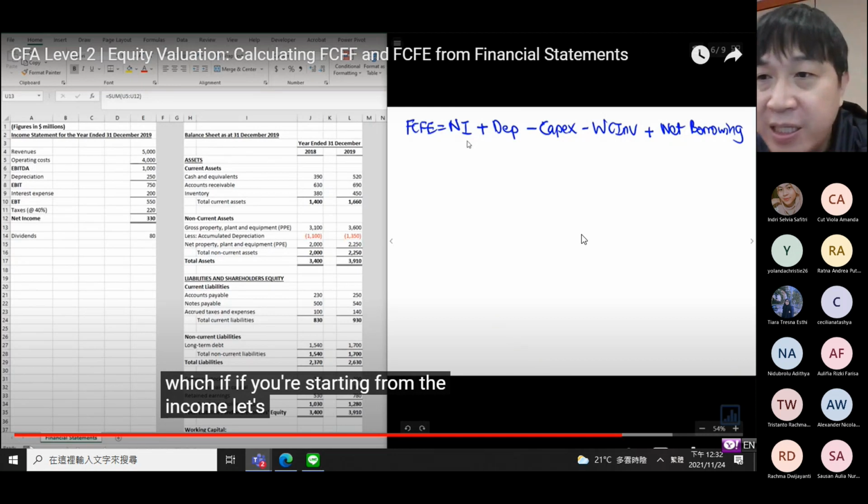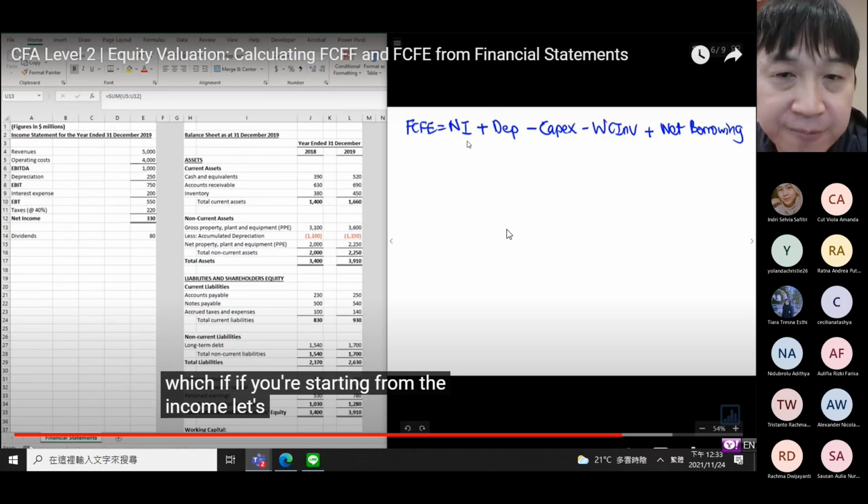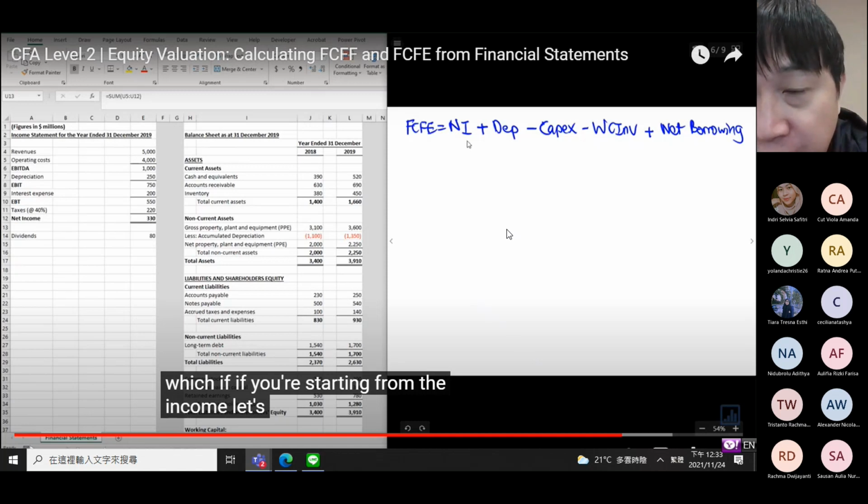Okay, so here we know the net borrowing. That means you issue securities to the public investors in stock markets or bond markets. You collect the money from the investors. If you clean over time, you clean the old debt. So you issue new debt and clean up the old debt.